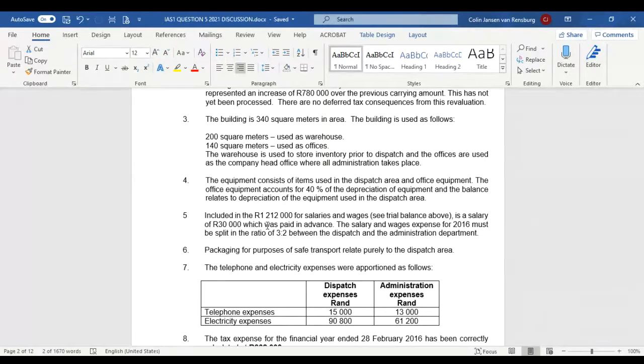I've got to pay some fees for my son or daughter at university. I need an advance on my salary. So I'm only going to earn it after the year end, but the company pays it for us now, right? So the company has credited their bank account when they make the payment, and they have debited the salaries and wages account, right? So that 30,000 rands is already in salaries and wages.